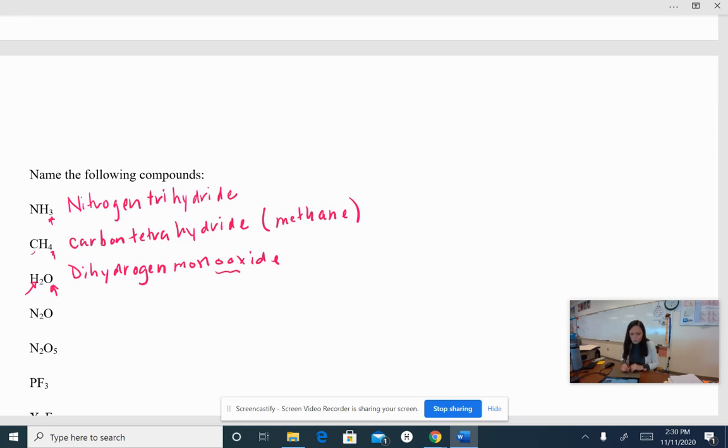Notice that gives us two O's in a row. We don't need that second O. So we get rid of it. So we actually write it like this: dihydrogen monoxide. So this is one where we shorten the mono to mon. This, of course, is better known as water.